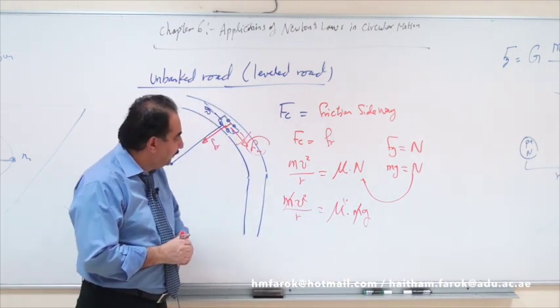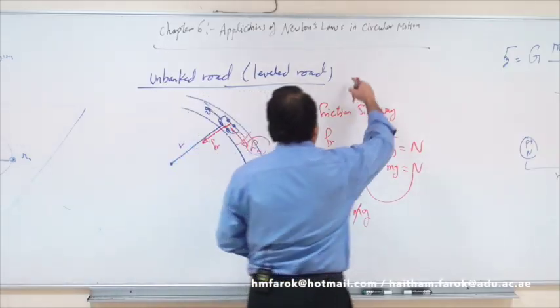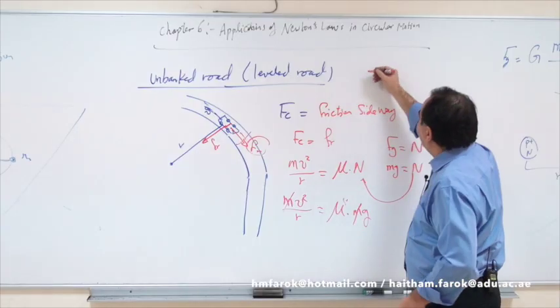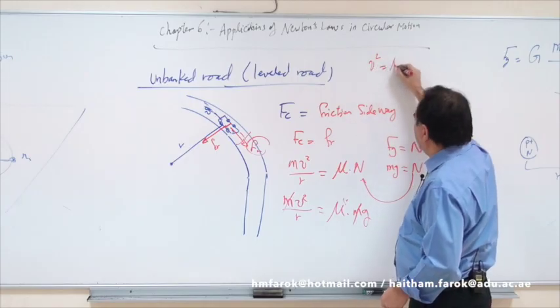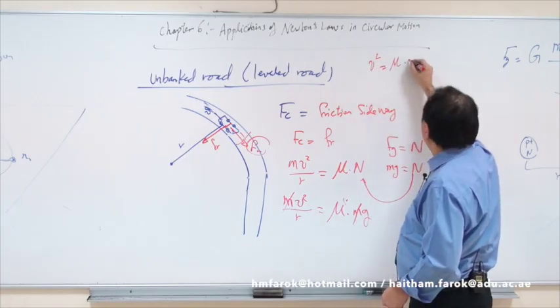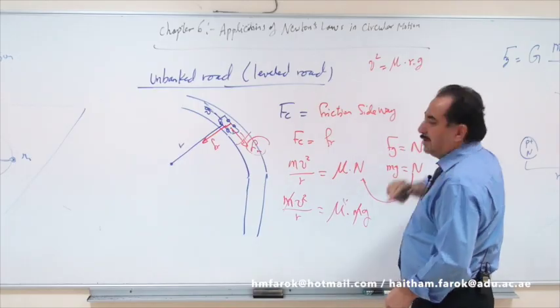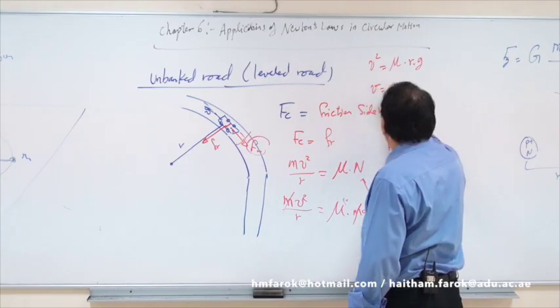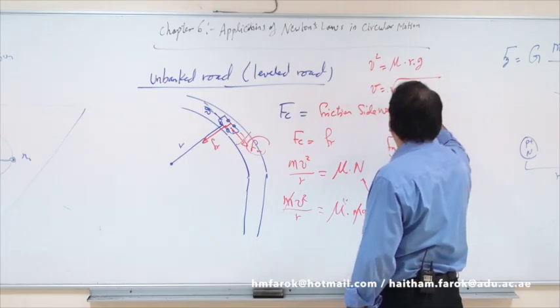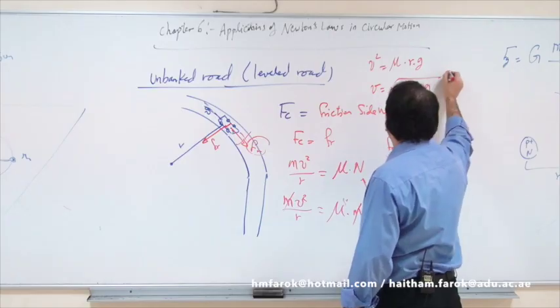What is left here? If I write it here now, you'll have v square equal mu r g, and v equal root of mu r g.